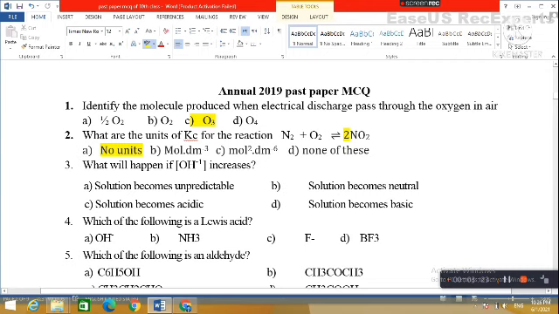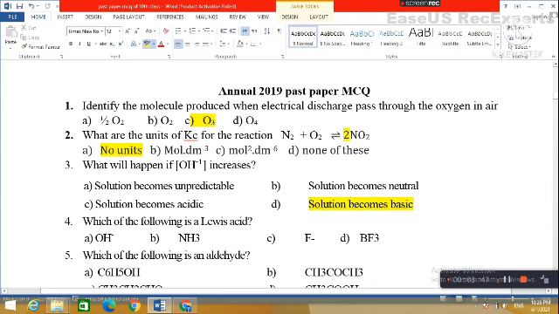So whenever the OH negative ion increases, the basic character of the solution will increase. Option A, solution becomes unpredictable. Option B, solution becomes neutral. Option C, solution becomes acidic. Or option D, which is the right option, solution becomes basic.